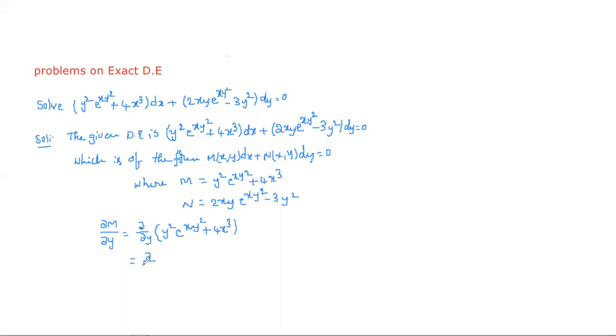You can separate that: ∂/∂y of y² e^(xy²) plus ∂/∂y of 4x³. With respect to y, obviously x is a constant, so the derivative of this one becomes 0.